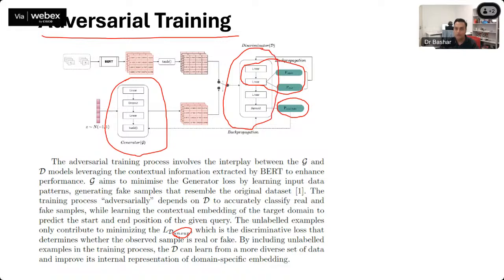We don't need this part during inferencing or testing, when we deploy the model. In the discriminator, we also don't care about the real or fake part, because all the training is done. So in prediction, we simply predict the start and end position of our answer.